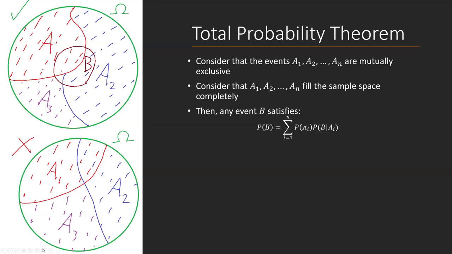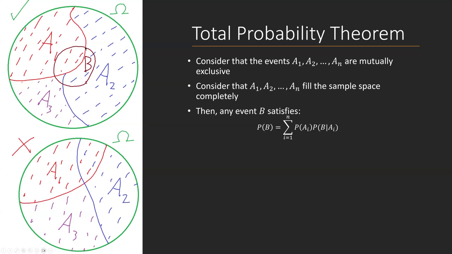Then once we have restricted ourselves to that subset, we compute the probability of event B given that that subset is true. So if you think back to the concept of conditional probability, essentially what each term in this sum represents is this part of B here that is exactly inside this subset.